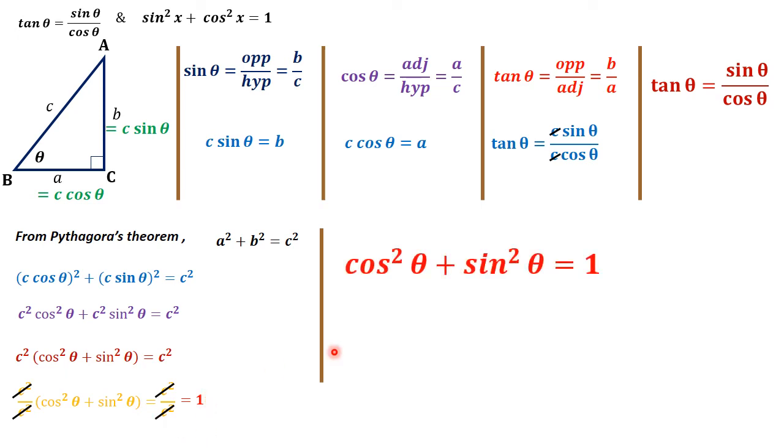Here it is: cos squared theta plus sin squared theta is equal to 1 for all angles in mathematics. It doesn't matter what the value of that angle is. So I have finished my first objective. I wanted to take you through tan theta equals sin theta over cos theta. The second one was cos squared theta plus sin squared theta equals 1.